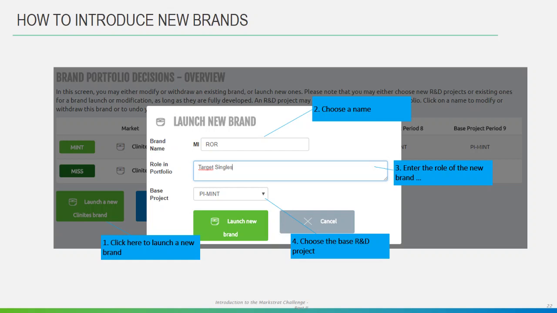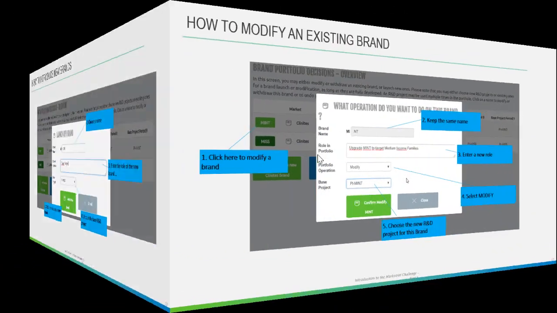Then where it says base project, you want to create this new brand based on what project or what prototype has already been completed. So you click on that drop box menu, decide which R&D project is going to be the basis for brand mirror, and then you click launch new brand. Okay, and that's how that works.